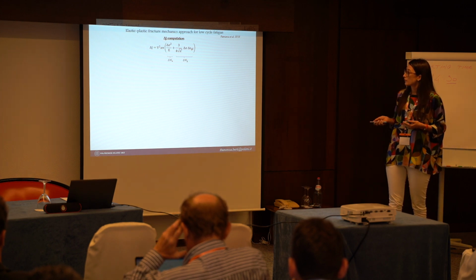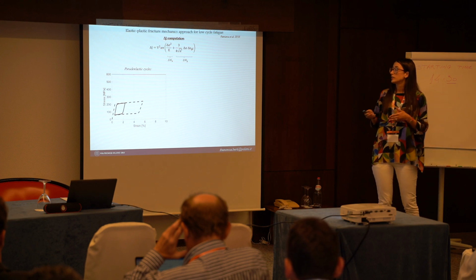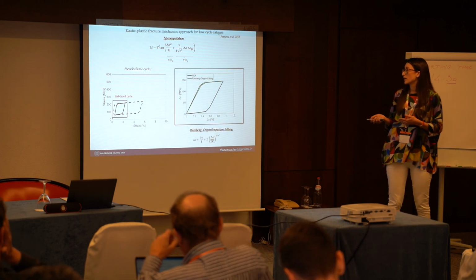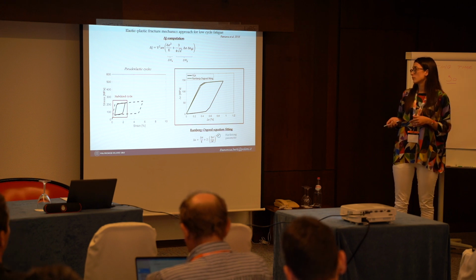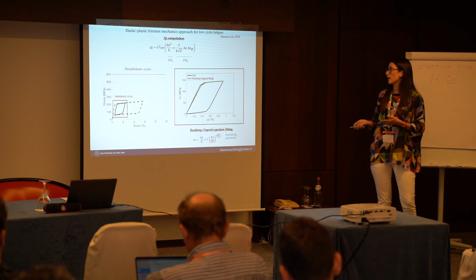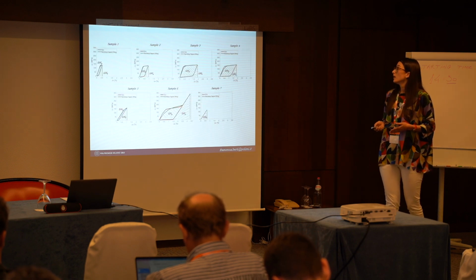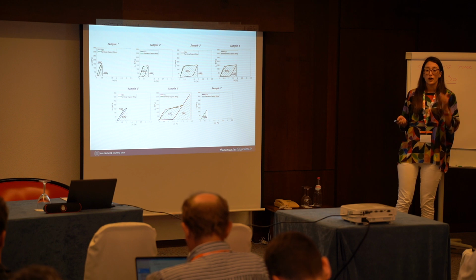Starting from this, we went through each condition. We considered the stabilized cycle, and fitting by Ramberg-Osgood, we were able to find first the n prime, and then all the other parameters needed for the computation. And we repeated that for all our cases.